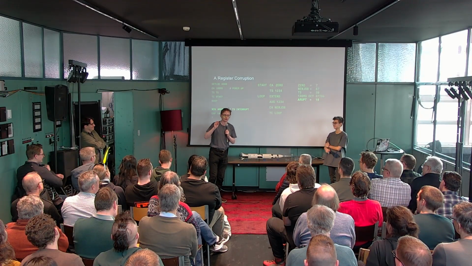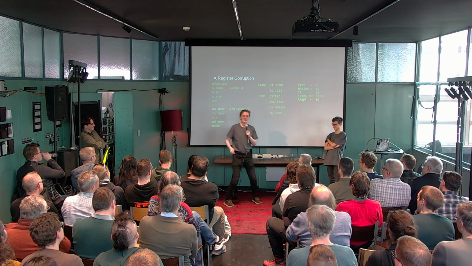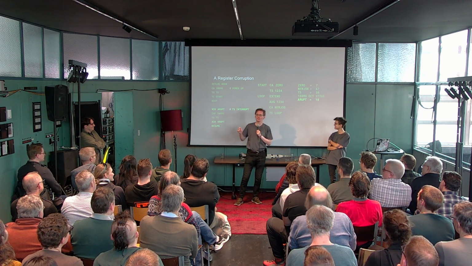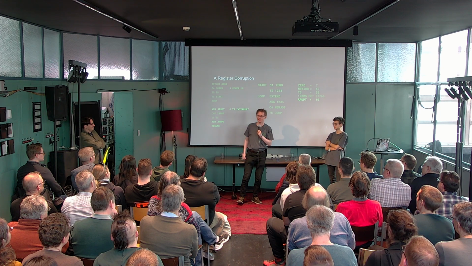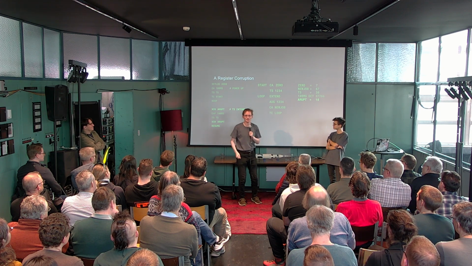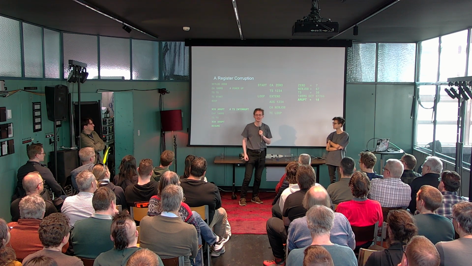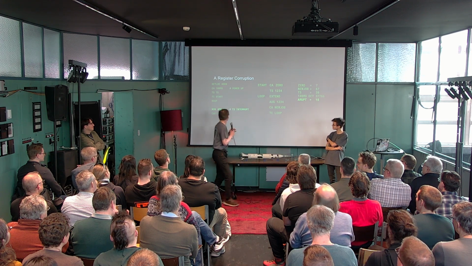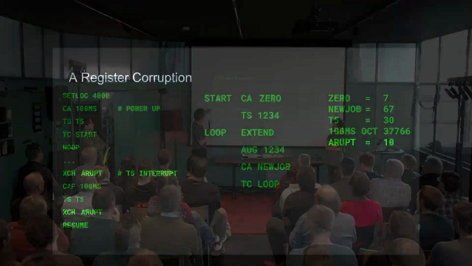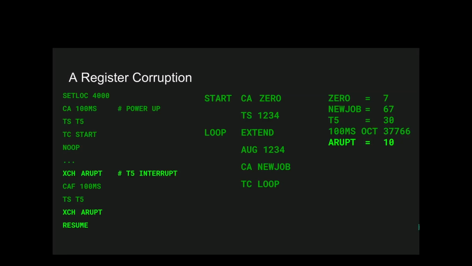The whole concept around the AGC is it's got a single level of function calls, single level of interrupts. If you violate that, you get in trouble really quickly. It would be really nice if we had a stack, but we don't. So yes, store it into ARupt, restore it, and then we're no longer corrupting the program.